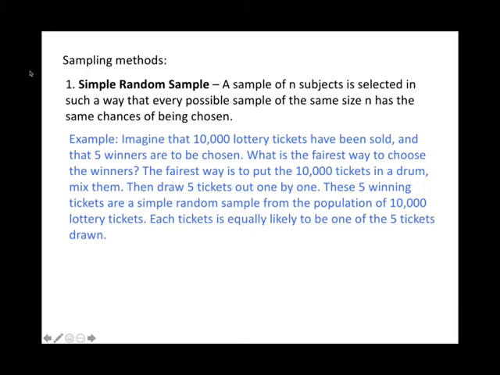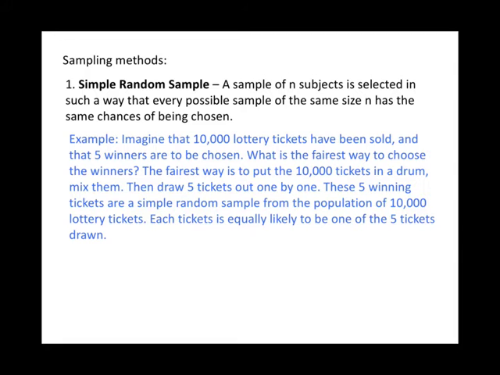Let me give you another example. Let's say I have a $100 gift card and I want to give it to a student at this college. Since you are taking my class, I only want to give it to you. So I'm going to look at my class roster and randomly pick one student from my class.